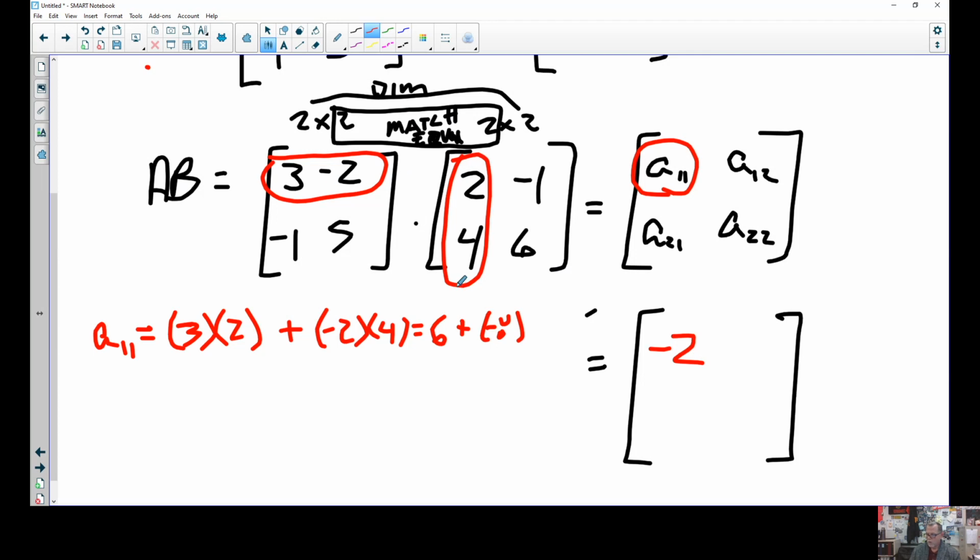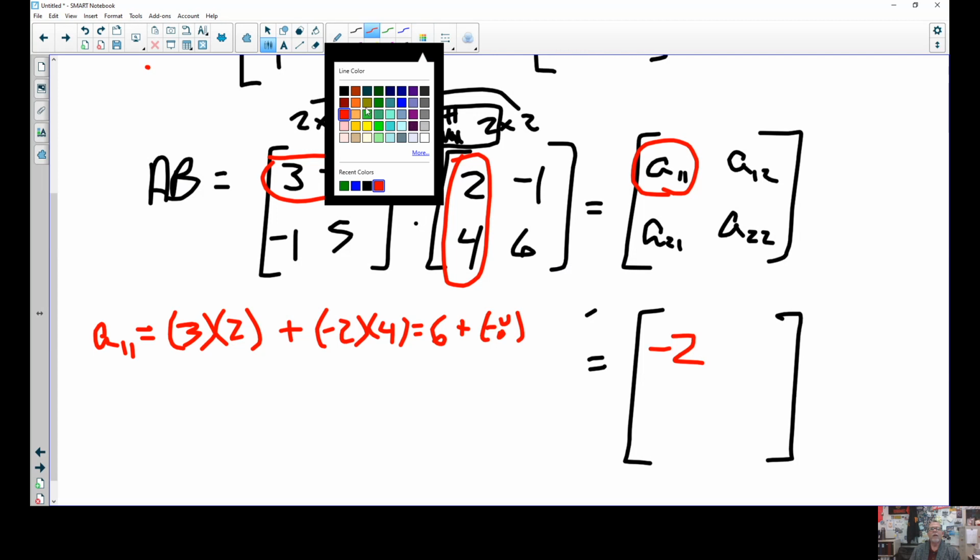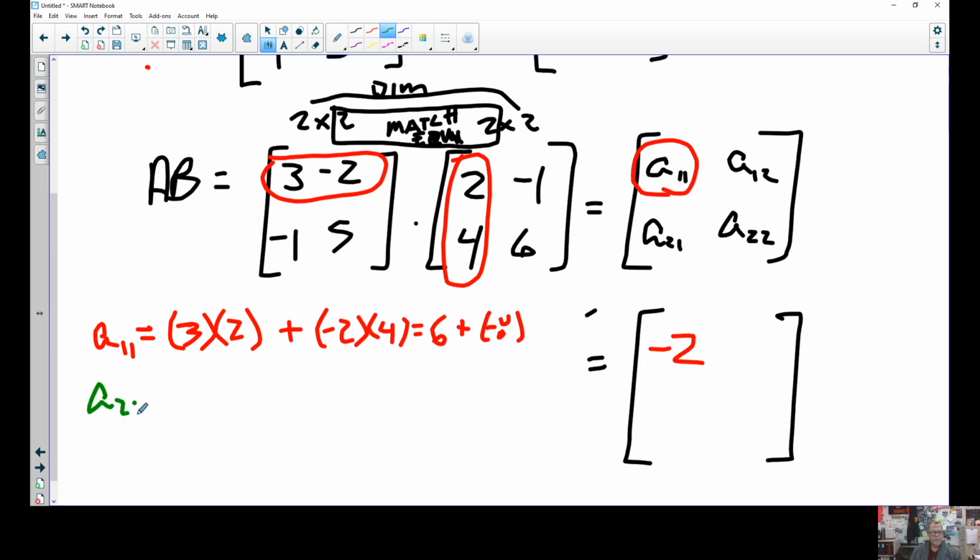Now, when I want to go to A12, I go first row, second column. So now let's do that. Let's look at finding A22, or I'm sorry, A21, A12. I'm trying to look at one thing and do another. I'm sorry, guys. A12 is, again, first row, second column.